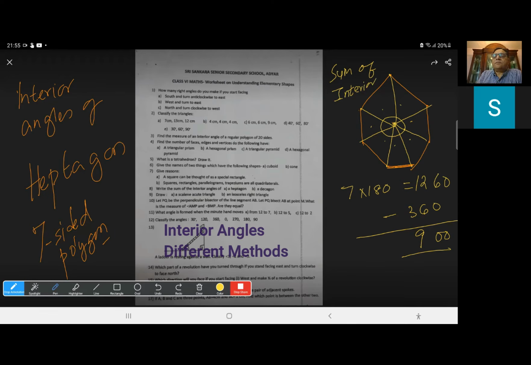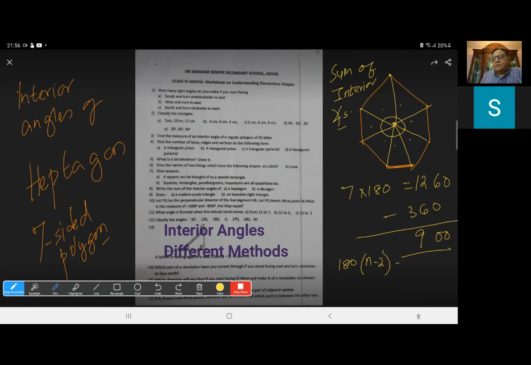Correct? Do you have a formula to calculate the sum of interior angles? Yes, you have, right? What is the formula? 180 times n minus 2, where n is the number of sides.